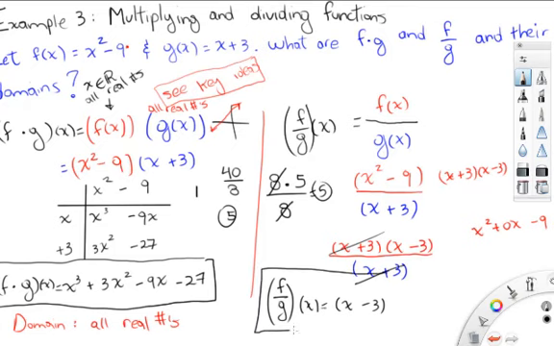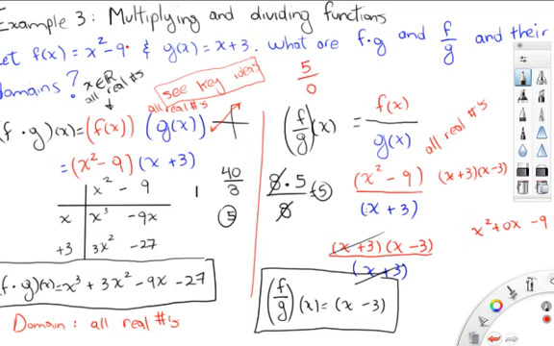Now, the domain for this one, I want you to take a look at this right here. Quadratics, like we said, have all real numbers. But in this case, remember that I cannot divide by 0 because I get an error. It's impossible.